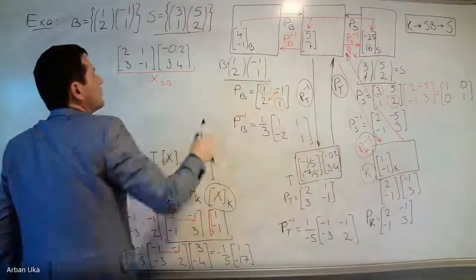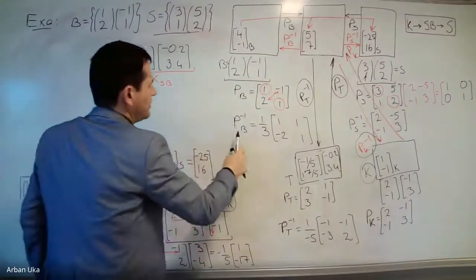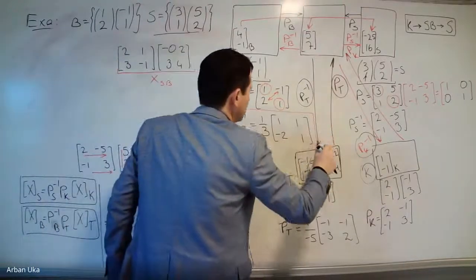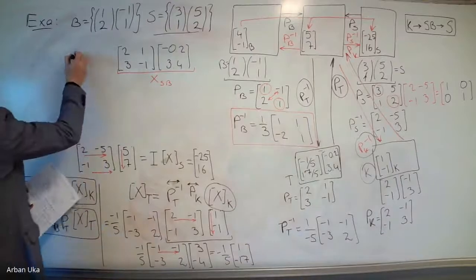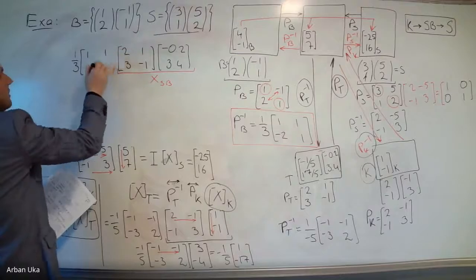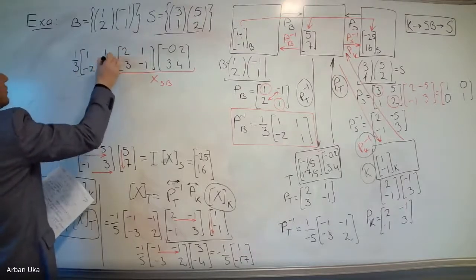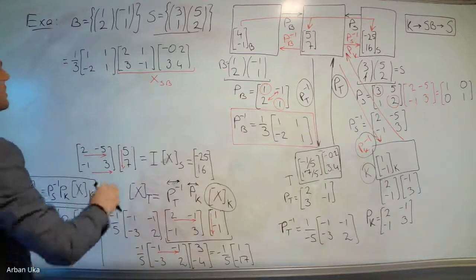That's good. We are here. So now we want to come back to basis B, and we need to find the PB inverse. PB inverse, we have it right here. So we need to multiply here with 1 over 3 times [1, 1; 1, -2]. Let's first find this value.